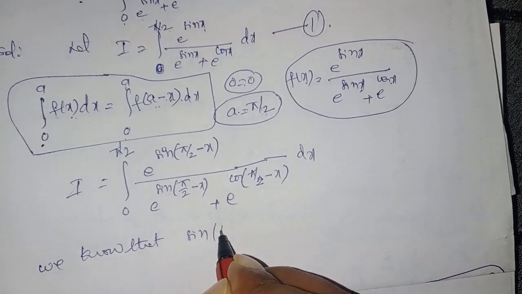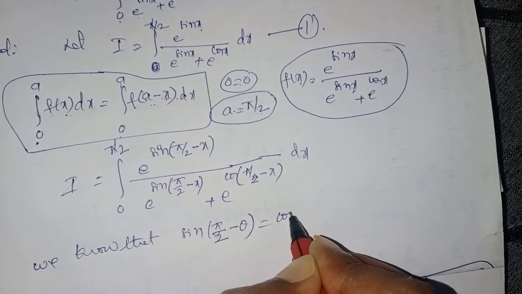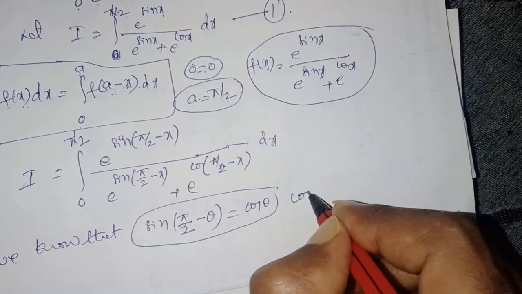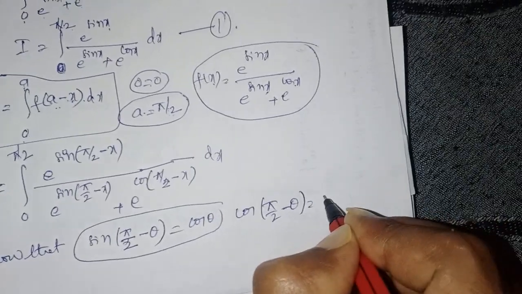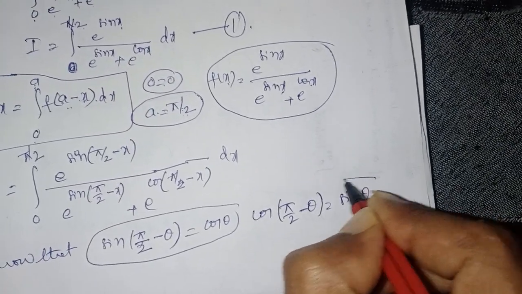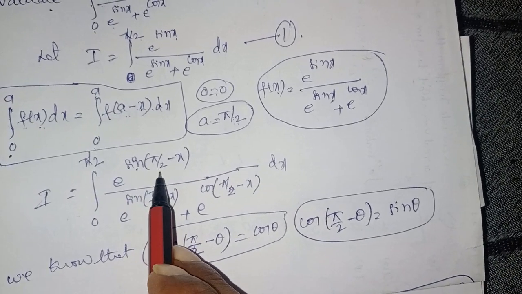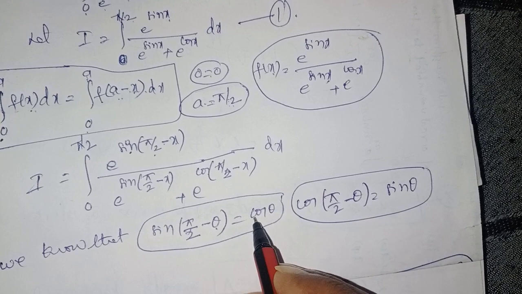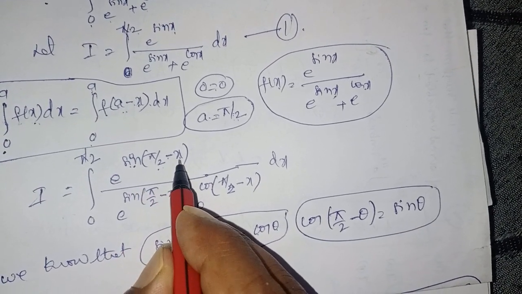We know that sine of pi by 2 minus theta is cos theta. At the same time, cos of pi by 2 minus theta is sin theta. So here also sine of pi by 2 minus x is cos x.